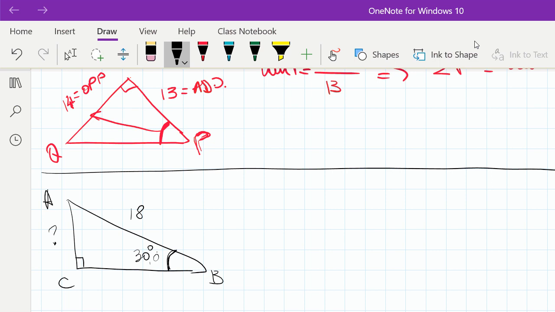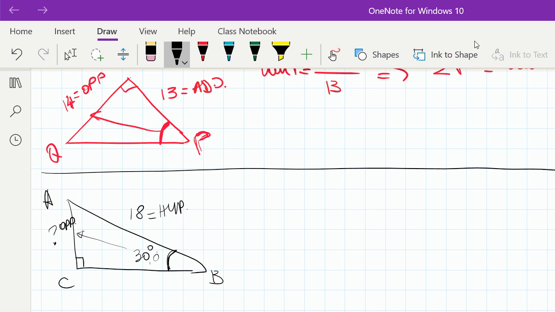So now, in relation to the given angle 30, the side that we are looking for is opposite, correct? And the side 18 given, since it is the longest one, is the hypotenuse.